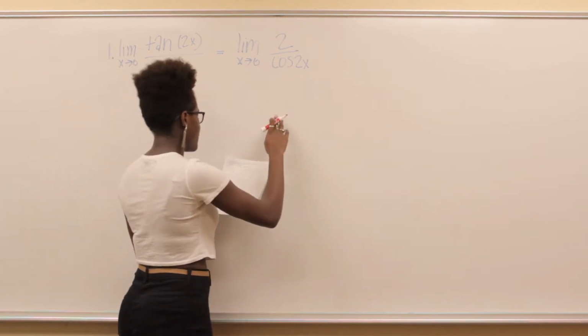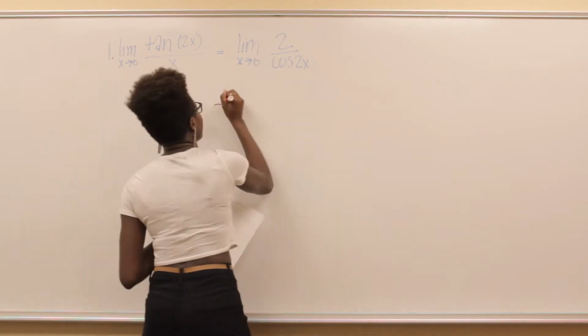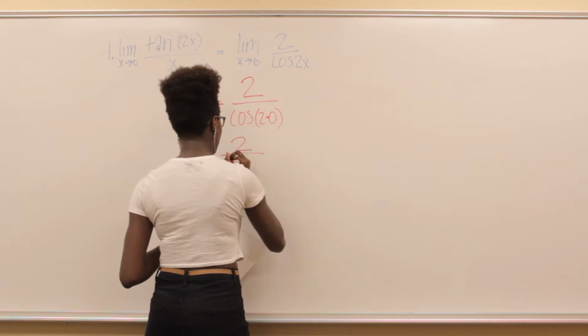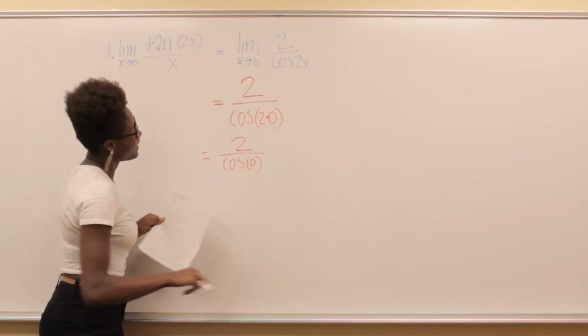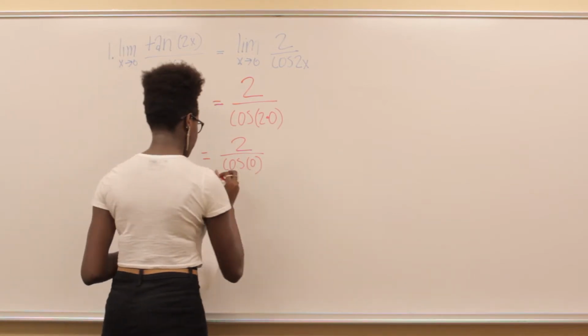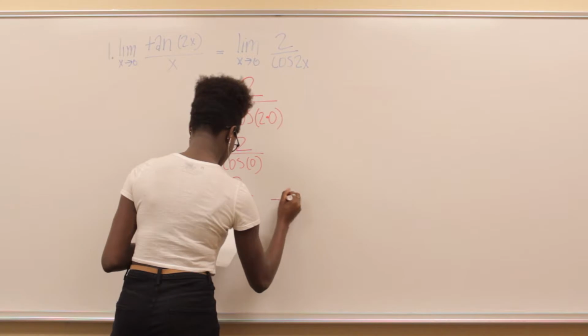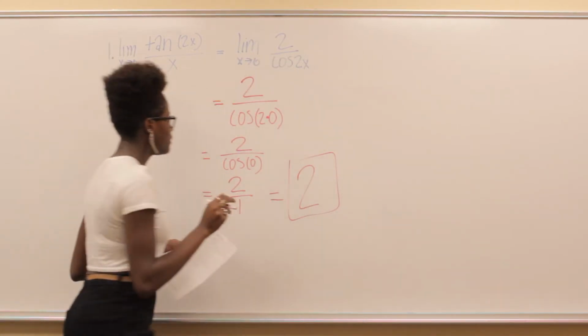And to find the limit, you just plug in 0 for x. And because we know the unit circle, we know that cosine of 0 is 1, which leaves us with 2 over 1. So the answer is 2.